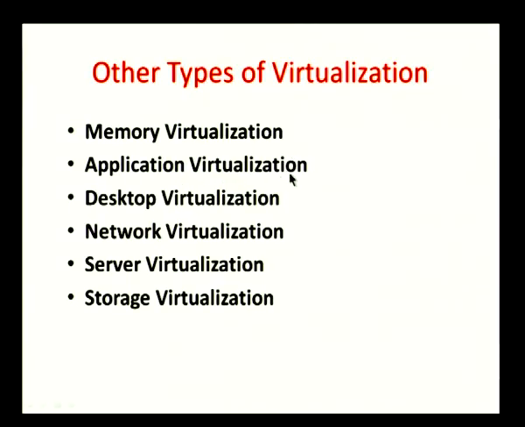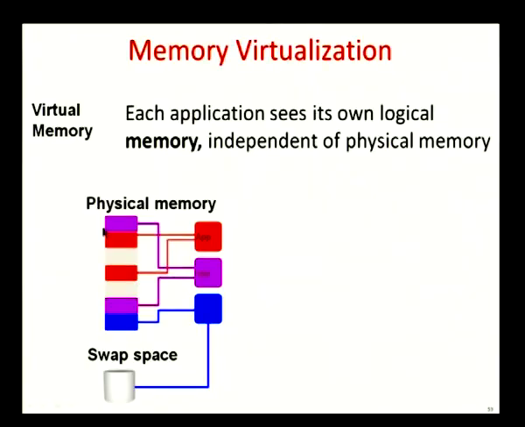Then other types of virtualization: memory virtualization, application virtualization, desktop virtualization, network virtualization, server virtualization, storage virtualization. It is essential to understand the meaning of each and every one. So, first let us consider memory virtualization. We use the concept of virtual memory.